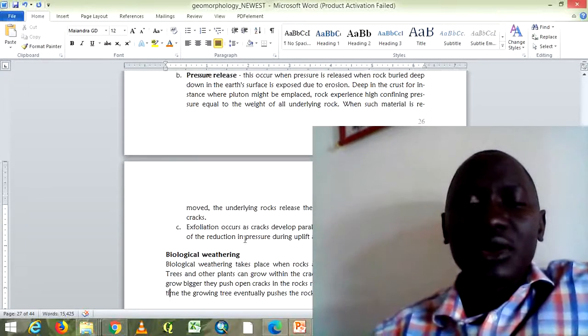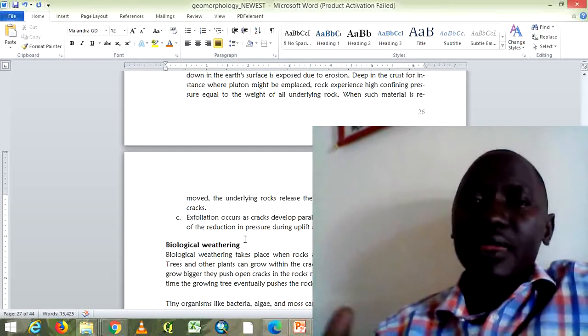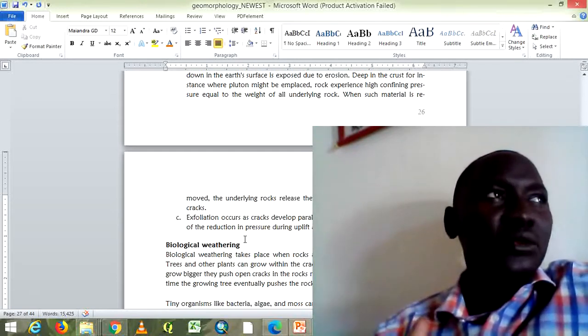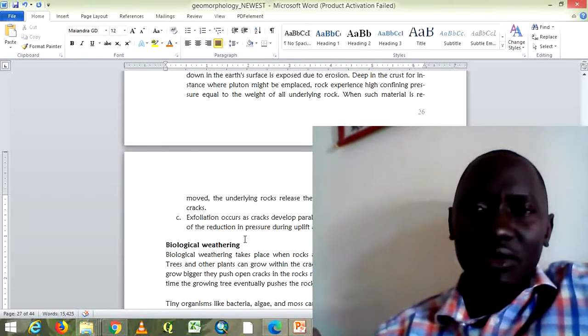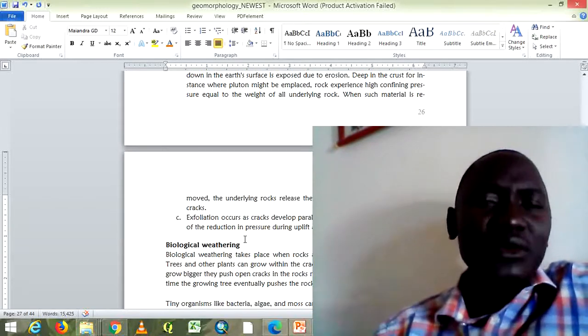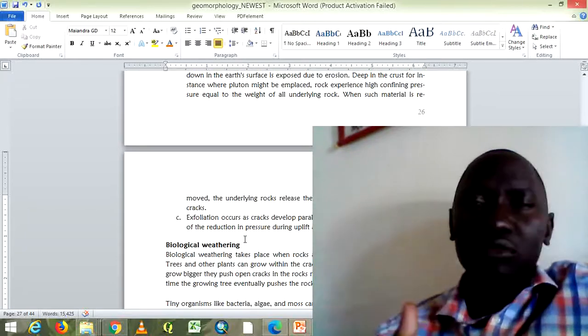Exfoliation commonly occurs due to alternate heating and cooling of the rock. During daytime, like for example here in the humid tropics, there is intense heating of the rock. But then we know very well in the afternoon the convection rains come quite quickly, because there is too much moisture in the skies.